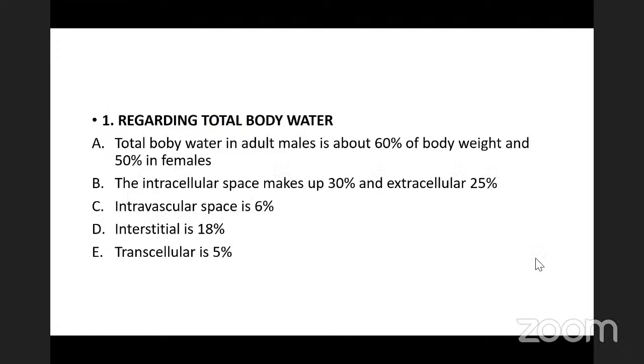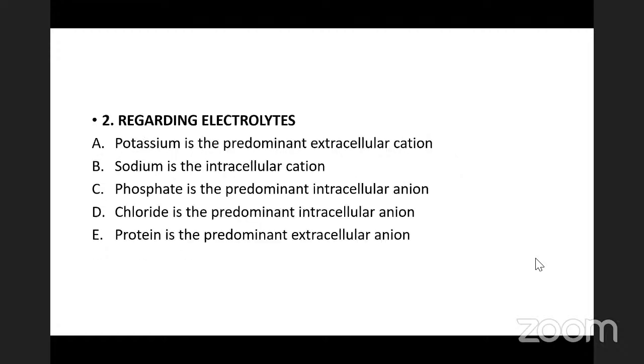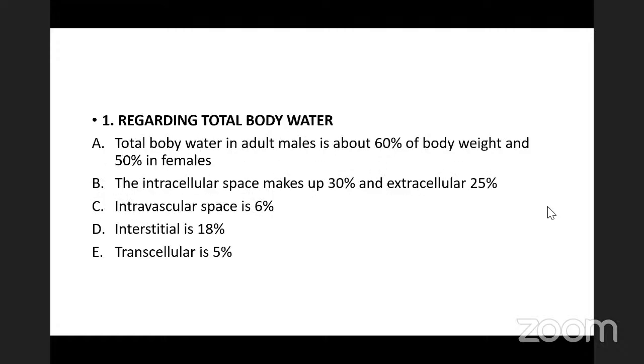Okay, so fluid and electrolyte therapy in a surgical patient, we've had a lecture on that, but today we will just be explaining some of the bases so that when you see that in an MCQ, you'll be very familiar with such questions, okay?